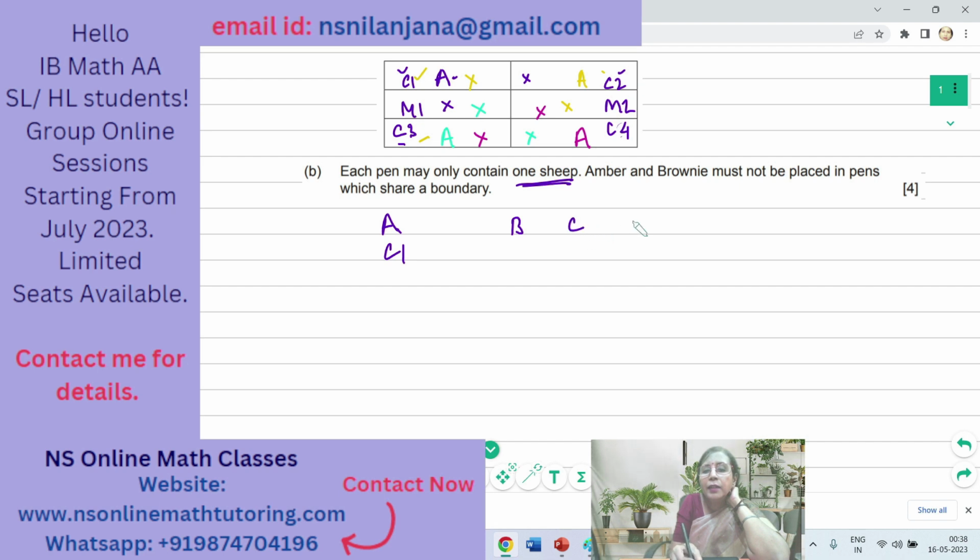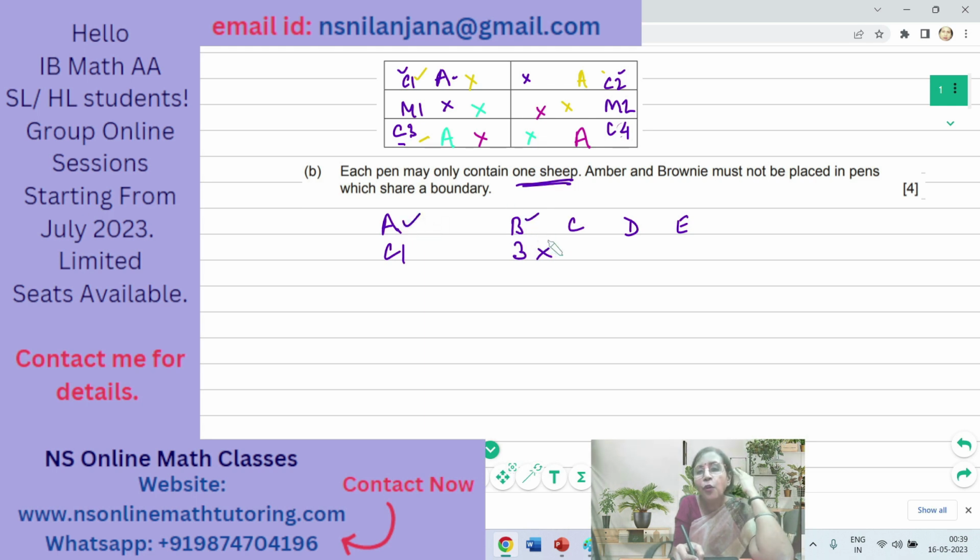Brownie, Curly, Daisy, and Eden. Brownie will be having only 3 options remaining. We have seen whenever Amber is being placed in one of the corner pens, Brownie is having 3 options remaining. And how many options are there for Curly? 2 pens have been occupied, one by Amber, another by Brownie.